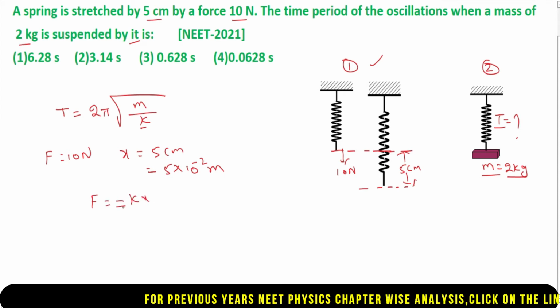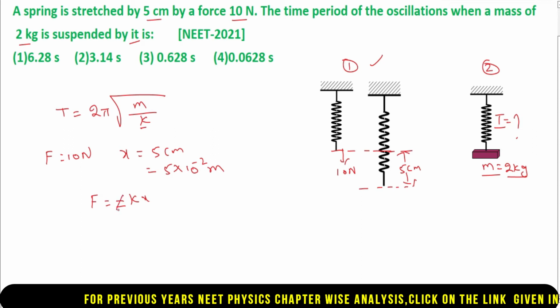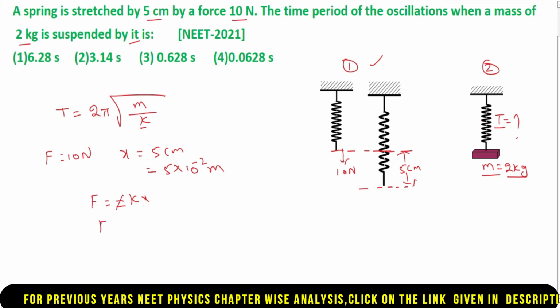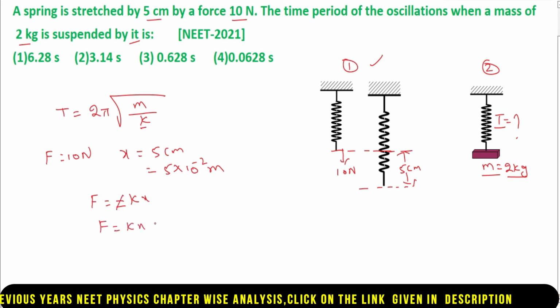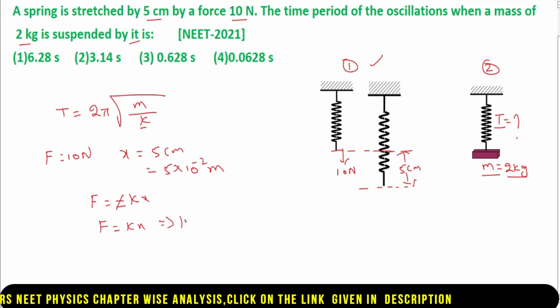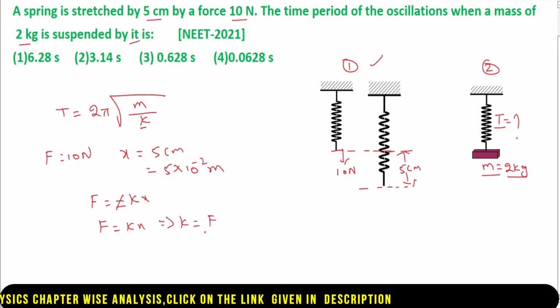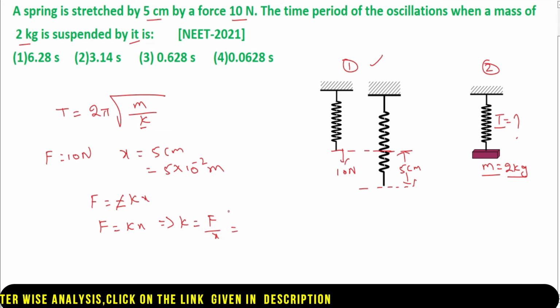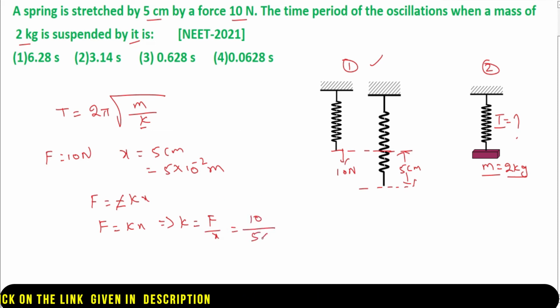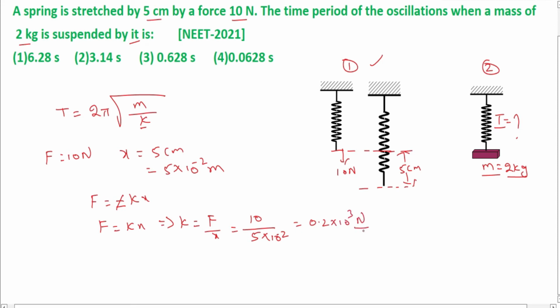If you neglect this minus, F is equal to kx. That implies spring constant k is equal to F by x. So k is 10 by 5 into 10 power minus 2. If we solve, we get 0.2 into 10 cube Newton per meter. So you got the value of k.